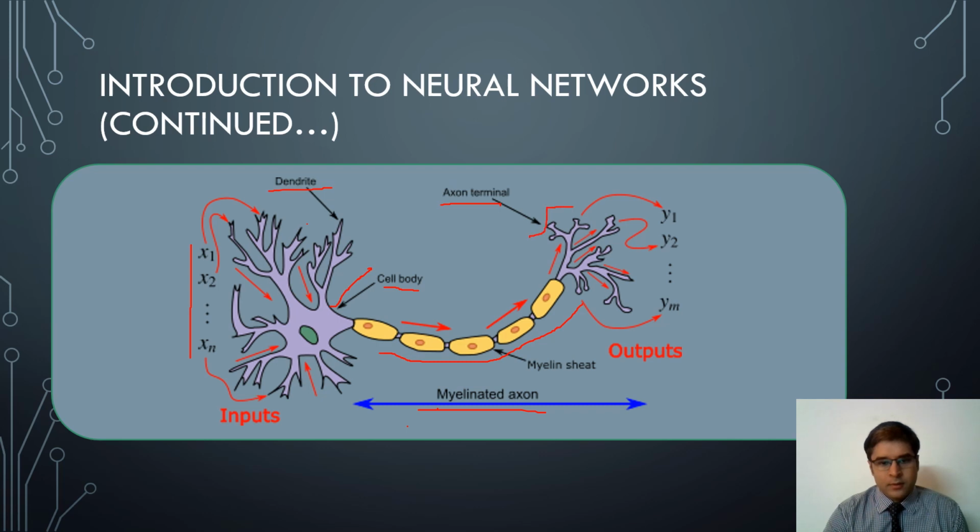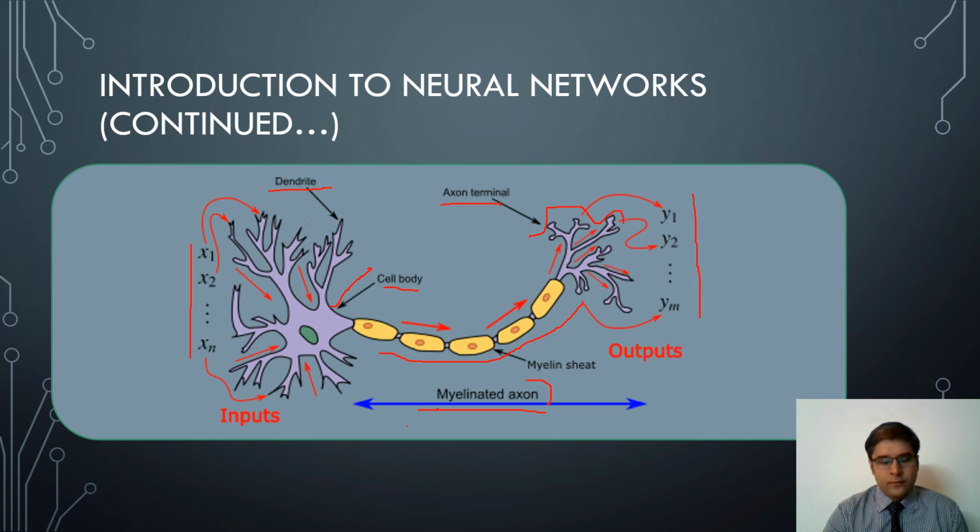These are the axon terminals or endpoints. Every axon terminal will have a specific output, y1 to ym. The information is passed from the cell body to the axon via a myelin sheath, a myelinated axon.